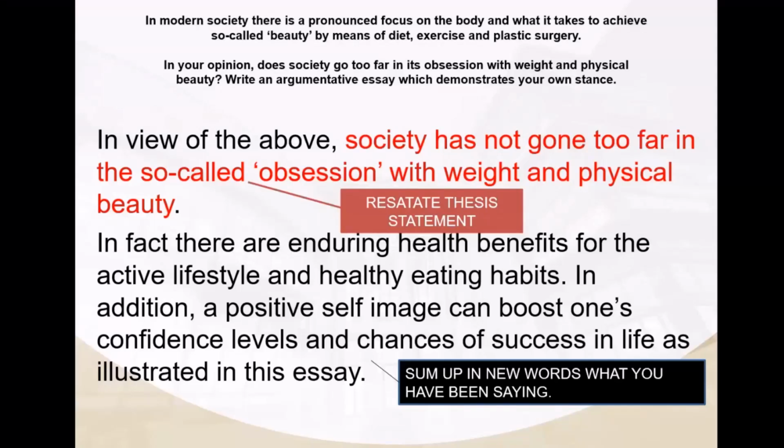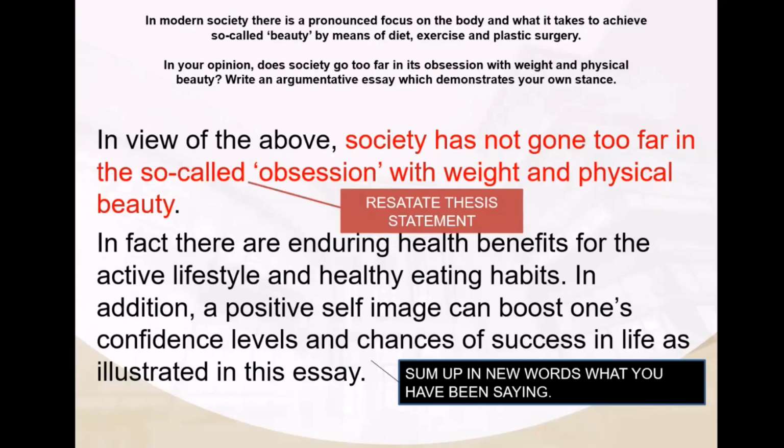Then after that, he sums up, using new words, what the writer has been saying. He says, in fact, there are enduring health benefits for the active lifestyle. In other words, there are benefits of engaging in an active lifestyle, like going to the gym or doing exercises, and healthy eating habits, and having an eating plan.